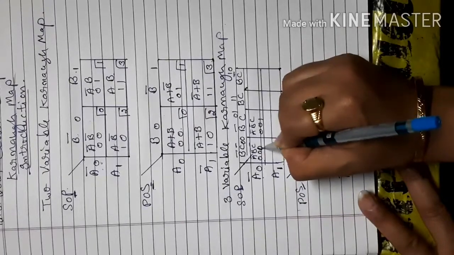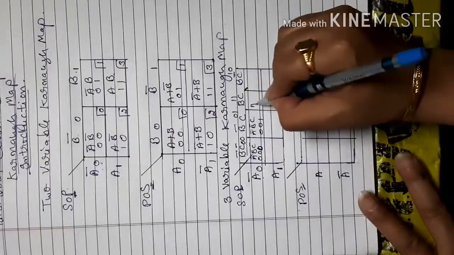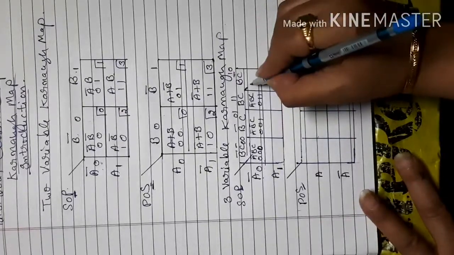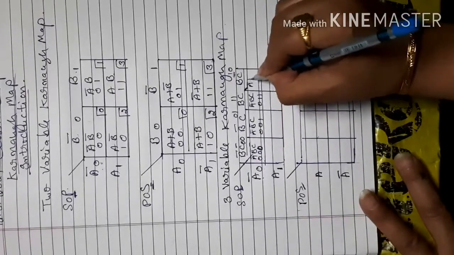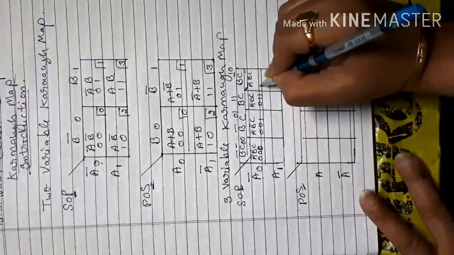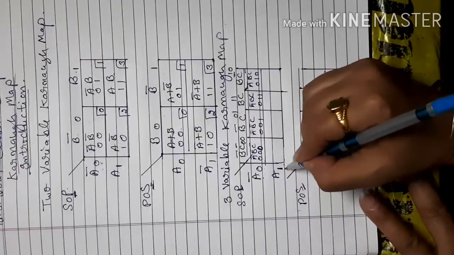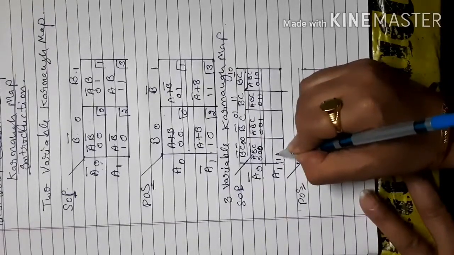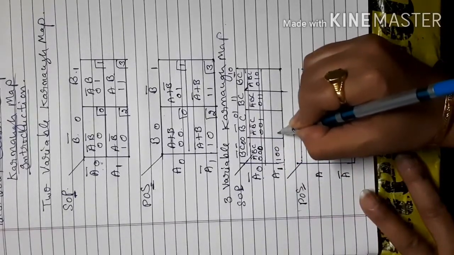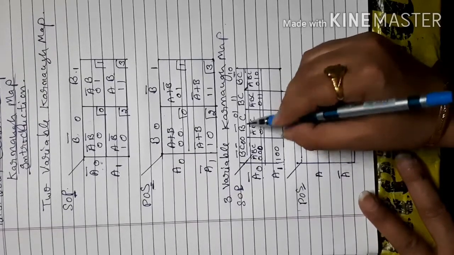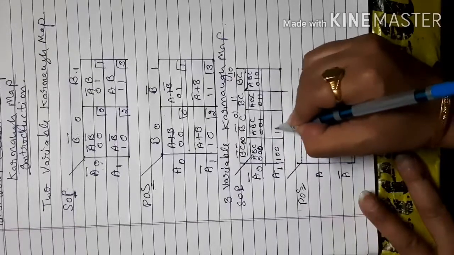This is A complement BC, that is 0 1 1, and this will be A complement BC complement, that is 0 1 0. Here A is 1, so that is 1 0 0, and this is 1 0 1.